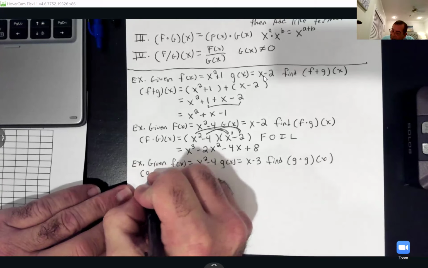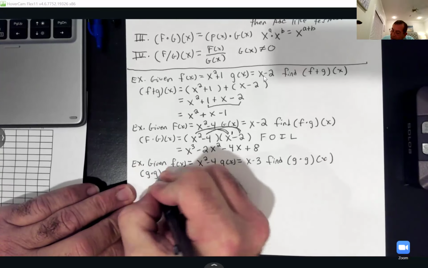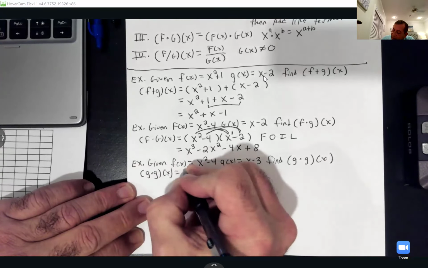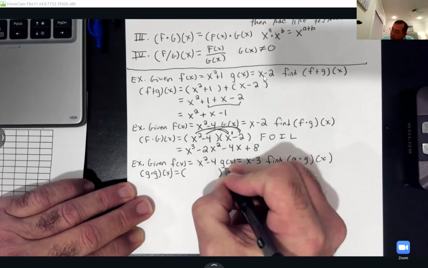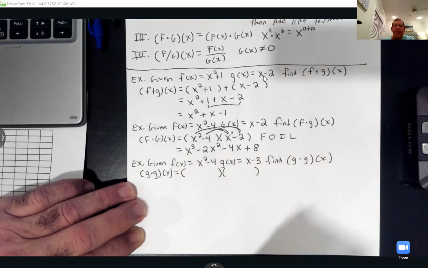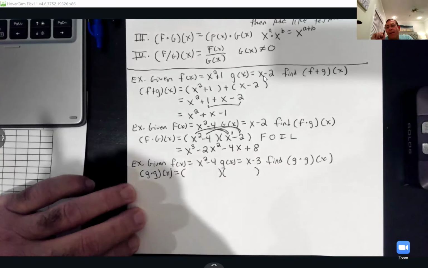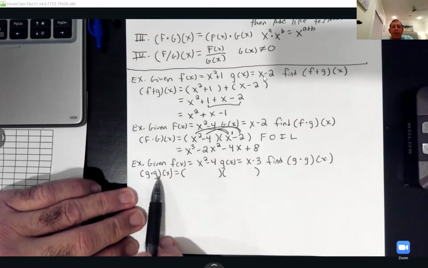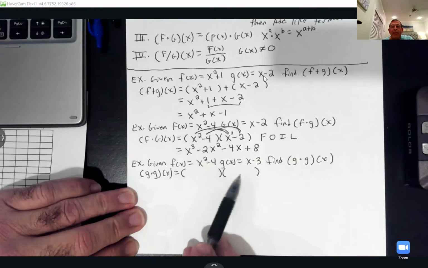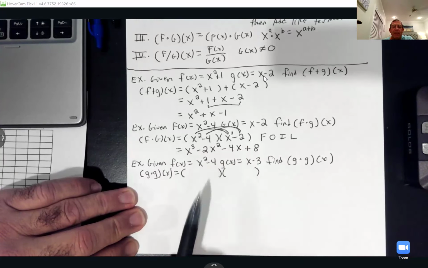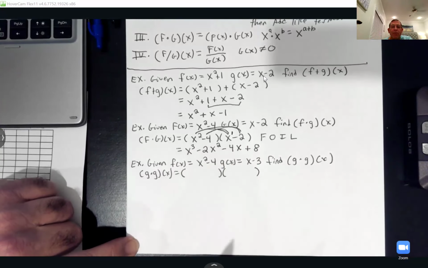So let's see, we got g times g of x. It'll equal my first function times my second function. But y'all, they want g times g of x. What are you putting in these two parentheses then?